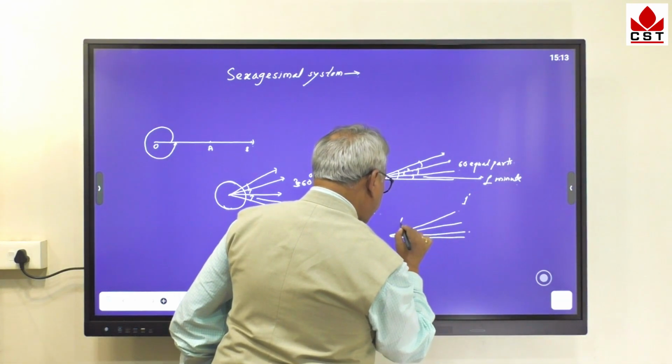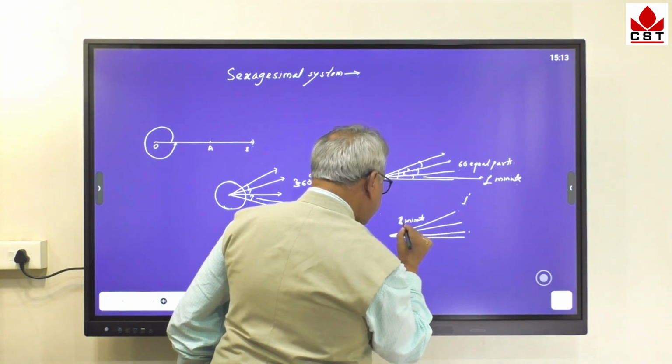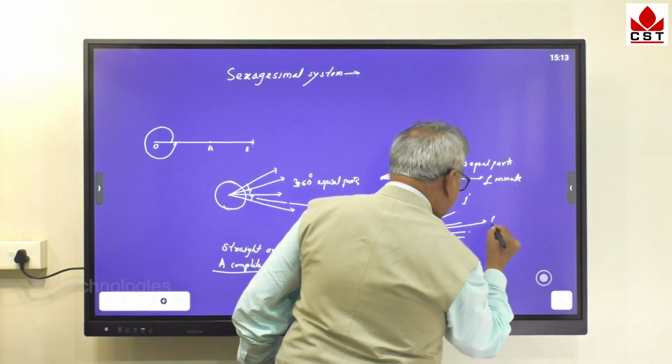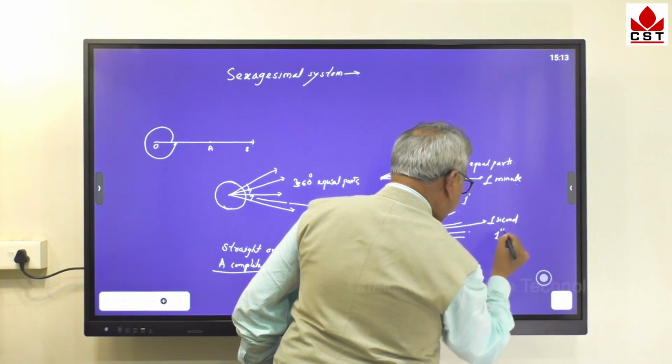Further, this 1 minute is divided into 60 equal parts, and each part is called 1 second. That is 1 second, like this.